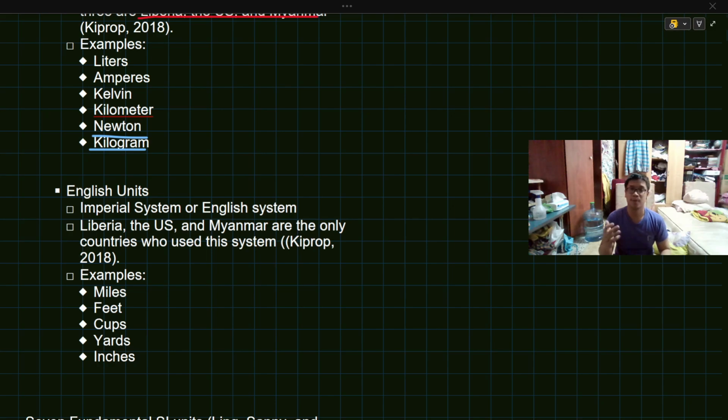We're not only talking about volume, we're also talking about temperature, the mass of an object, the force you exert or whatsoever. There are a lot of physical quantities. But for now, let's focus on the basic units. Let's not dive in too much. Let's focus first on the basic ones.